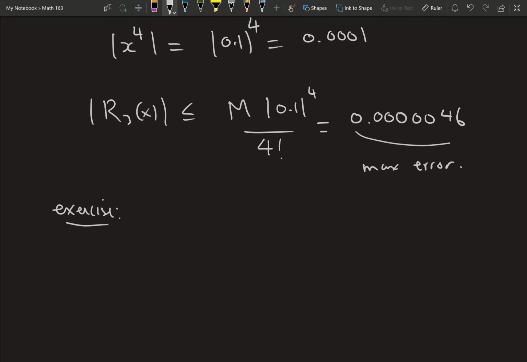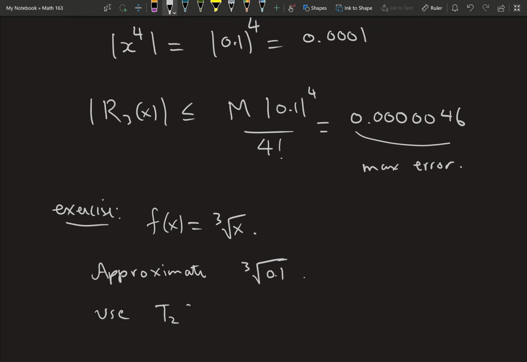So suppose f of x is the cube root of x, and we want to approximate, say, the cube root of 0.1 again, and we're going to use a second order Taylor approximation centered at, well, sorry, let me change this actually.